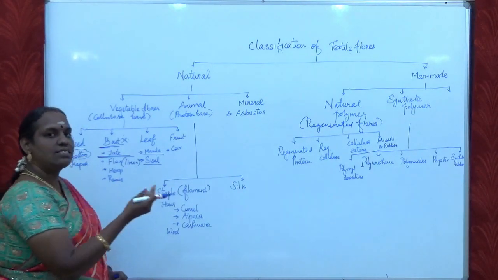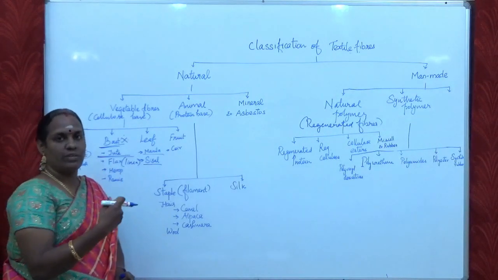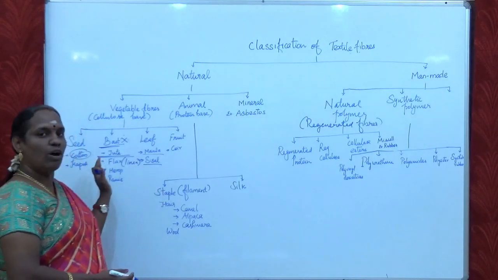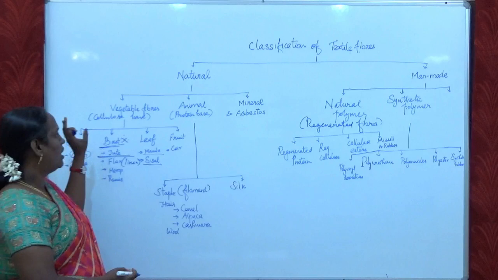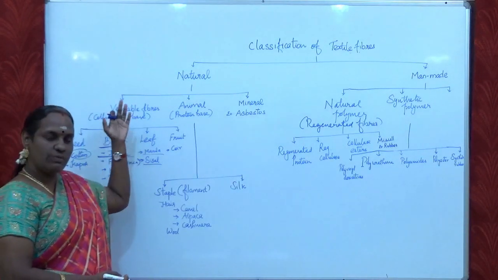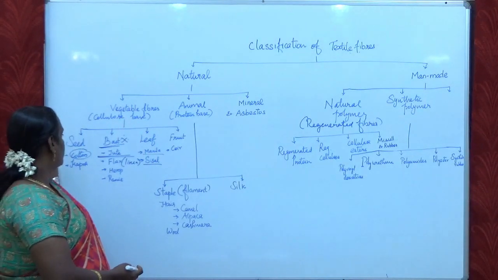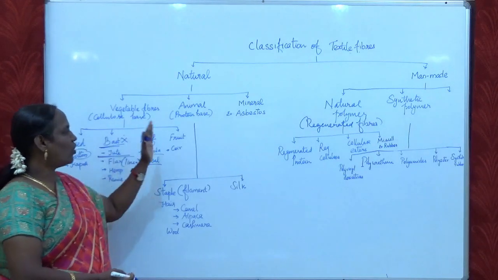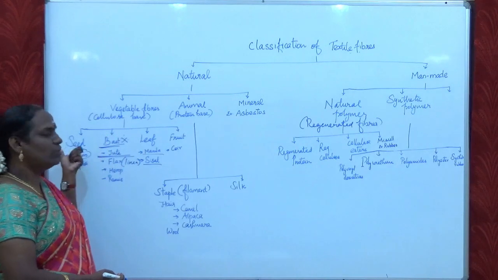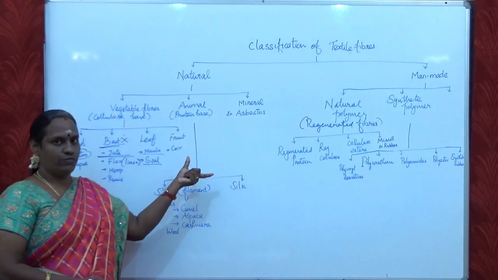Other than this, some other fibers are also extracted from various parts of the plants, and these also come under the category of vegetable fiber. Once again, the main content of vegetable fibers is cellulose, so they are also called cellulose fibers. Based on the part from which the fibers are extracted, they are classified into seed fiber, bast fiber, leaf fiber and fruit fiber.